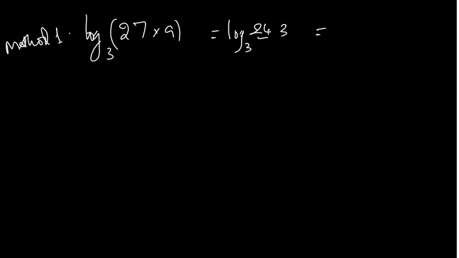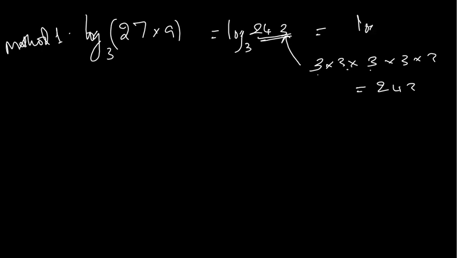Then I would better write this 243 in terms of 3. That means 3 times 3 is 9, 9 times 3 is 27, 27 times 3 is 81, 81 times 3 is 243. I'm writing this in terms of the base.